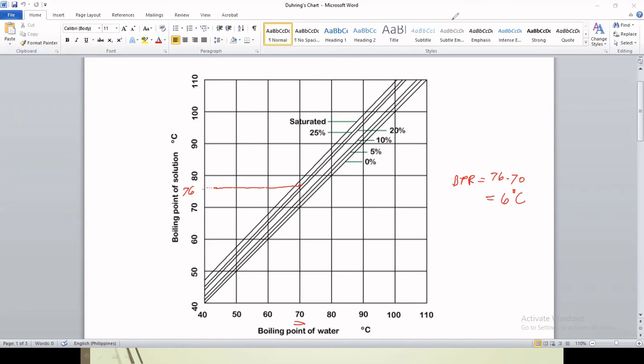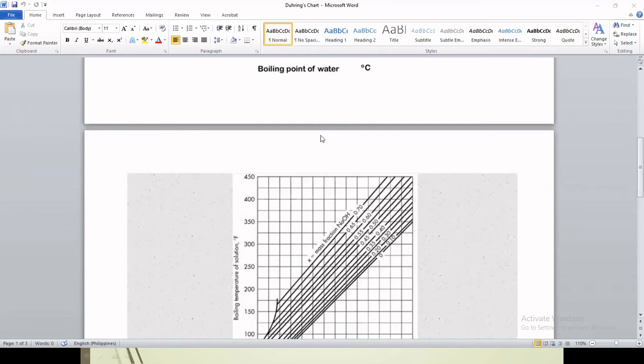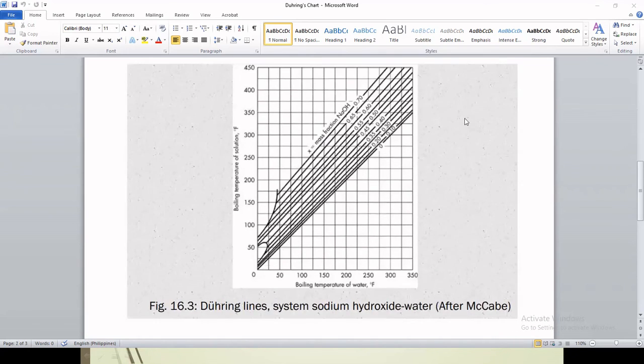Okay, now let me erase here. For NaOH, this is the one that I got from McCabe. So I place here from McCabe. This is for sodium hydroxide because this is the only system that has the available chart.